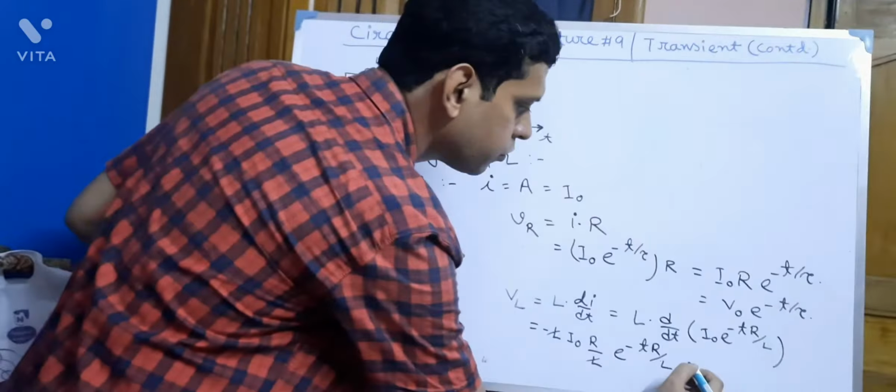So this is equal to minus I0R e to the power minus t by tau.